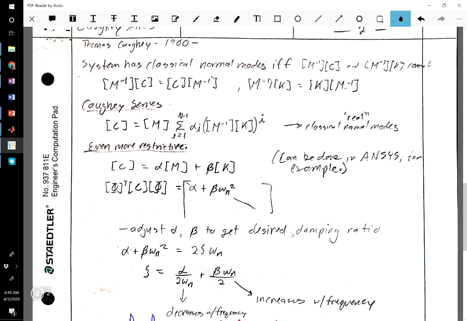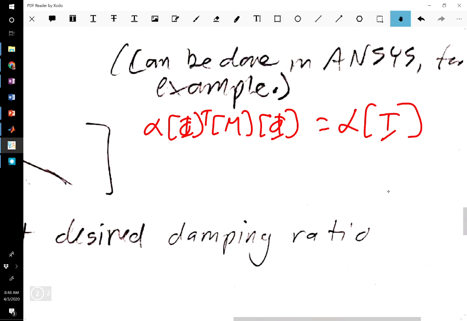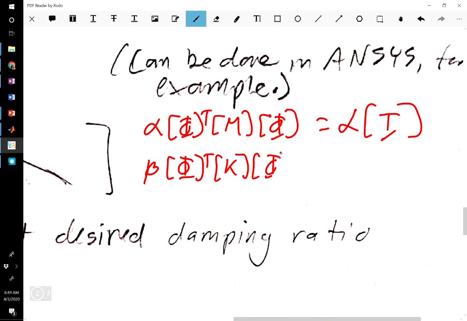And if that's the case, if we multiply phi transpose C phi, notice that this first term is going to give us alpha times phi transpose M phi, right? Or that's just alpha times an identity matrix, right? And that second term is going to give us beta times phi transpose K phi.